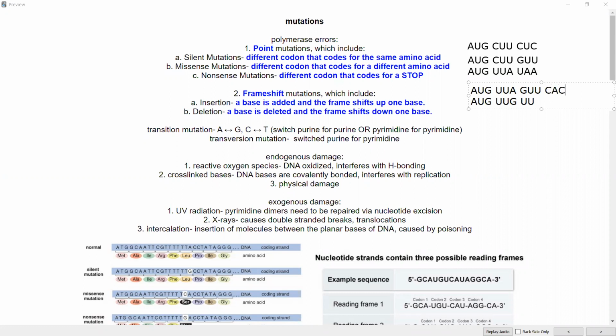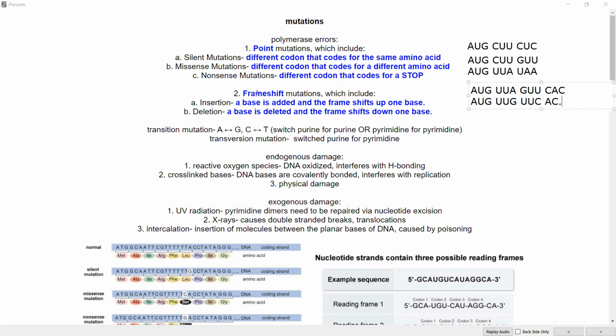If this is CAC, then we end up with C here, and then AC here, and then whatever is next in the chain. So you see how everything got shifted by one. This is having a huge effect. This is screwing up every single amino acid down the line.